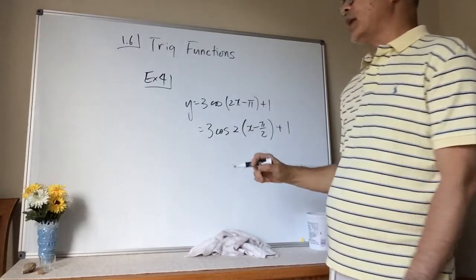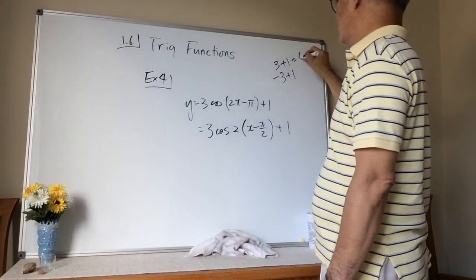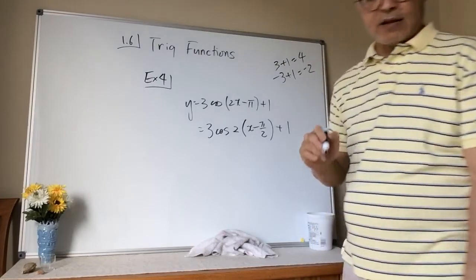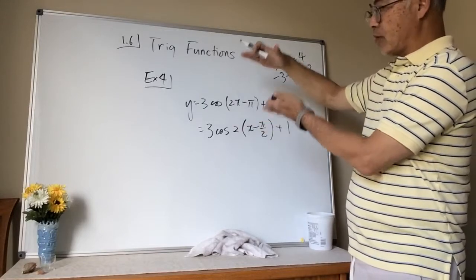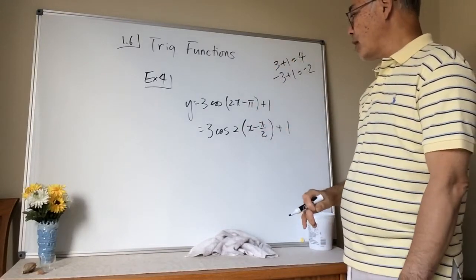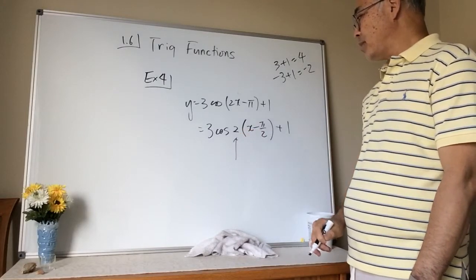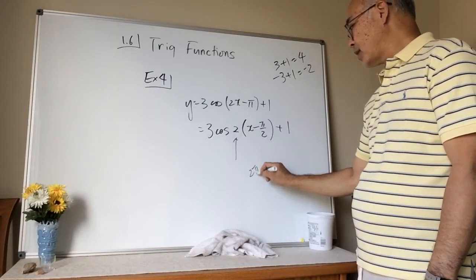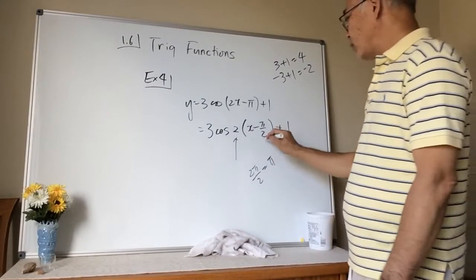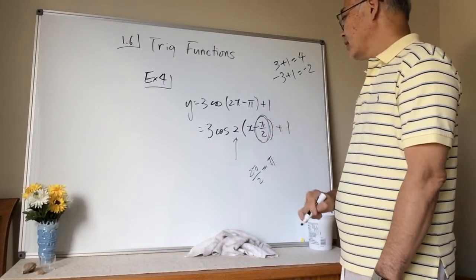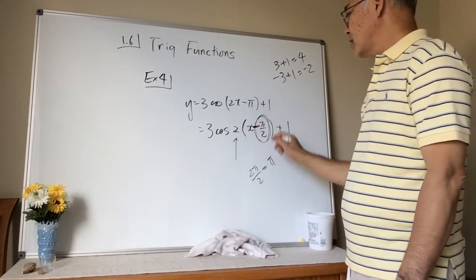So instead of 3 and negative 3, it's going to go from 4 to negative 2, because we shifted it up 1 in the y direction. The 2 controls the period, so the period is now 2 pi over 2, which is pi. And we shifted it in the positive direction because this is minus pi over 2.